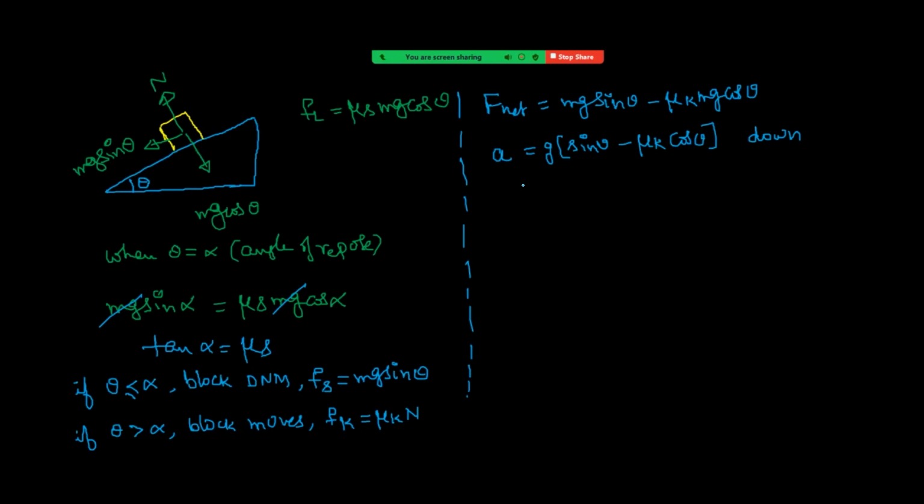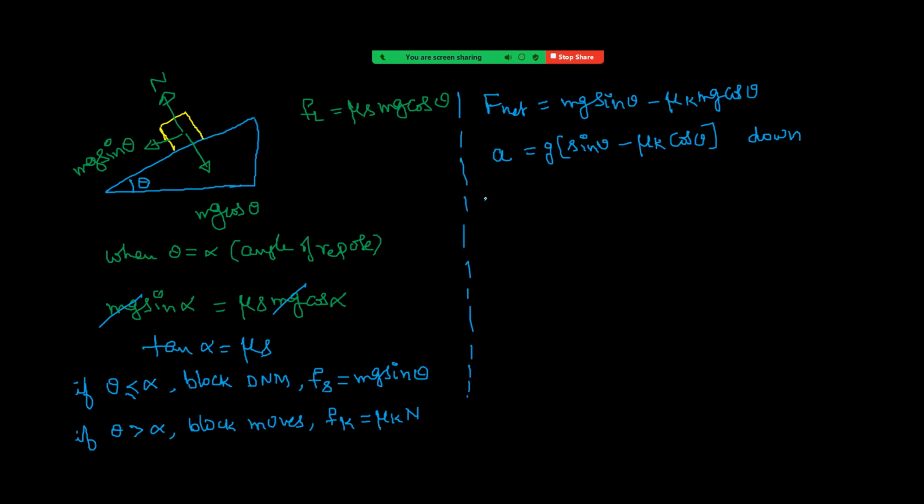Sometimes you will be given a question like the block is moving down with a constant velocity. Its meaning is acceleration is zero. Acceleration zero means sine theta minus mu k cos theta is zero.